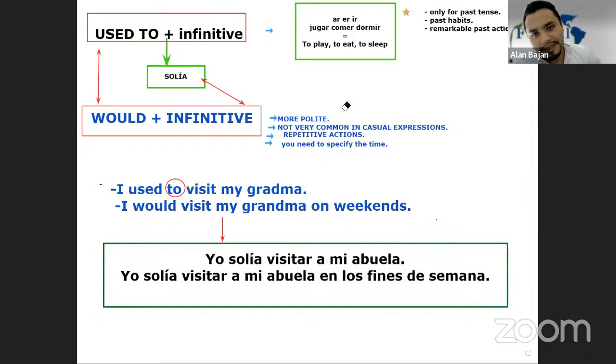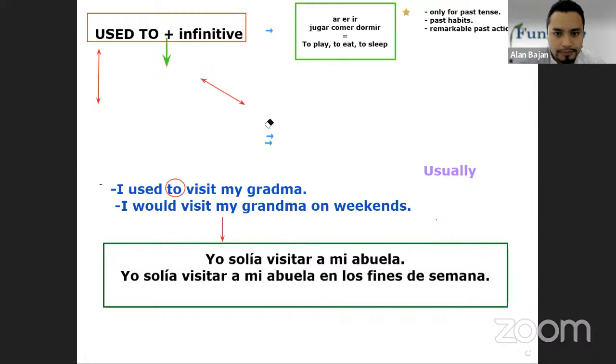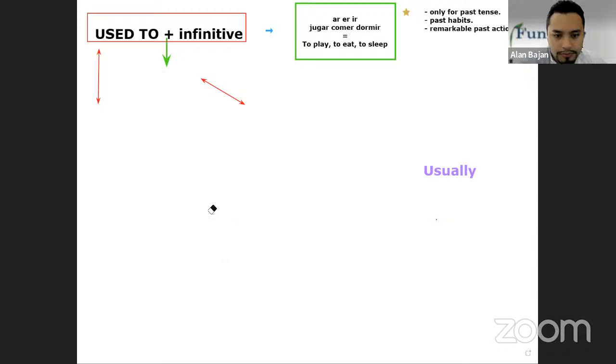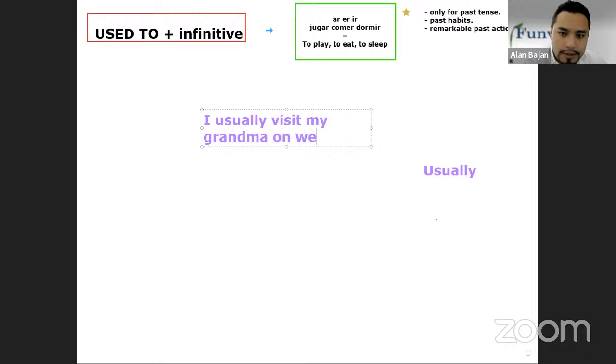And this adverb is usually. So I will say, I usually visit my grandma on weekends.